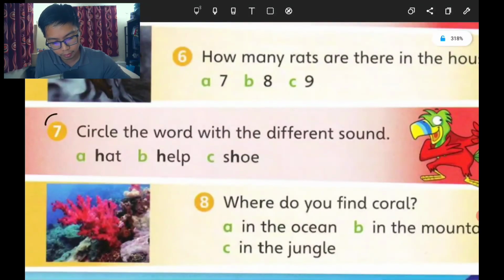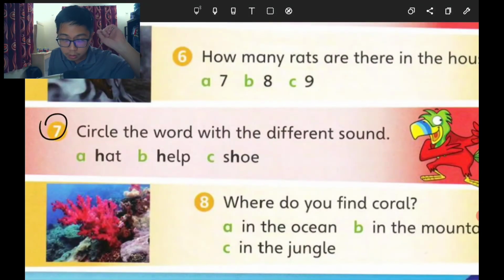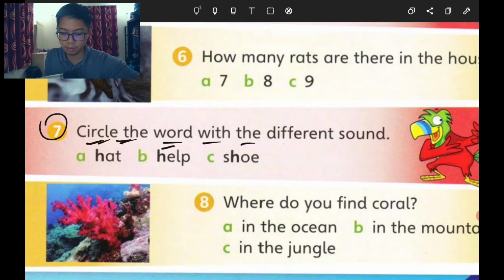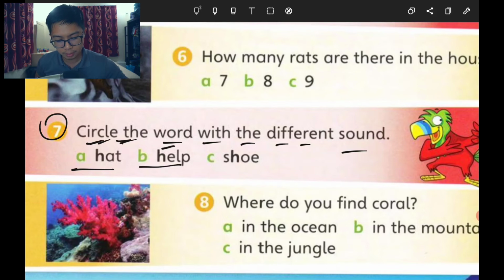Question number 7. This one you need to listen carefully. Circle, or you keep your answer in your mind. Circle the words. Circle the word with the different sound. Different sound. Bunyi yang berlainan. Okay. For example, number 1, A, hat. B, help.